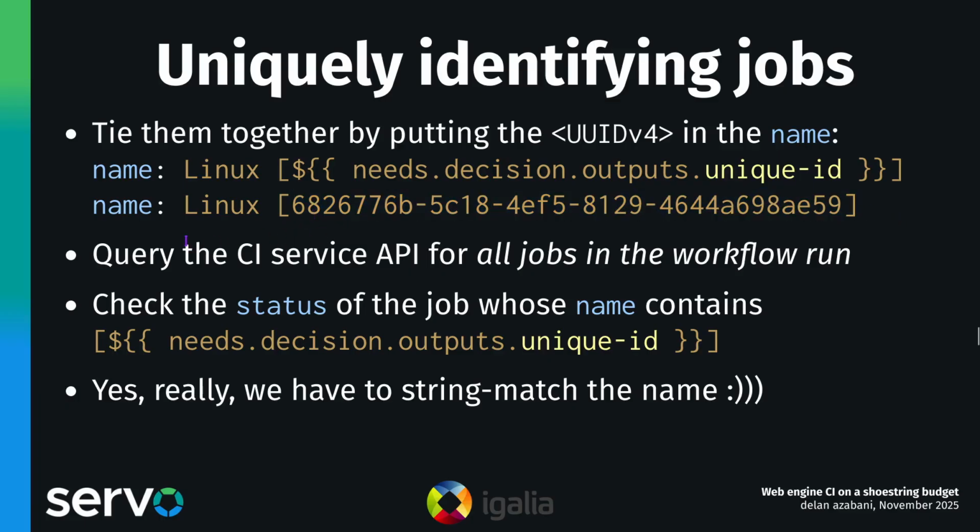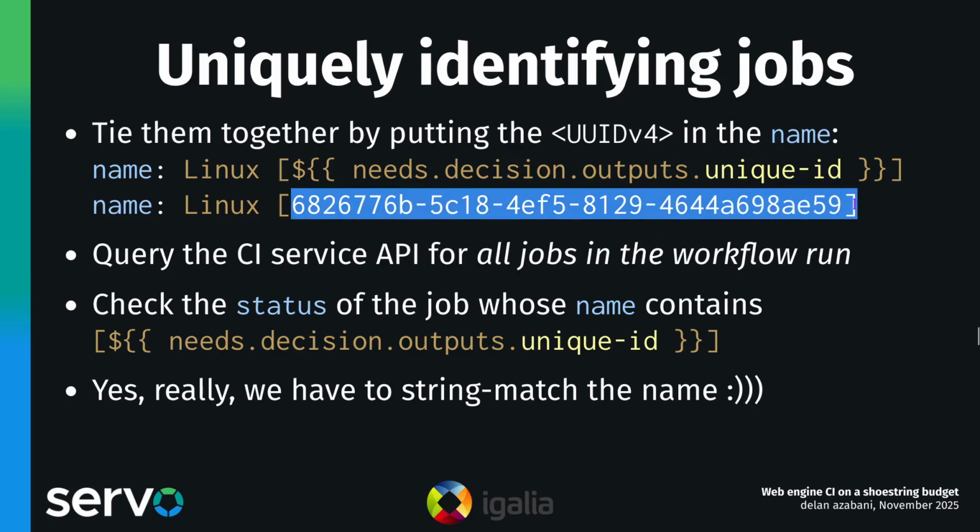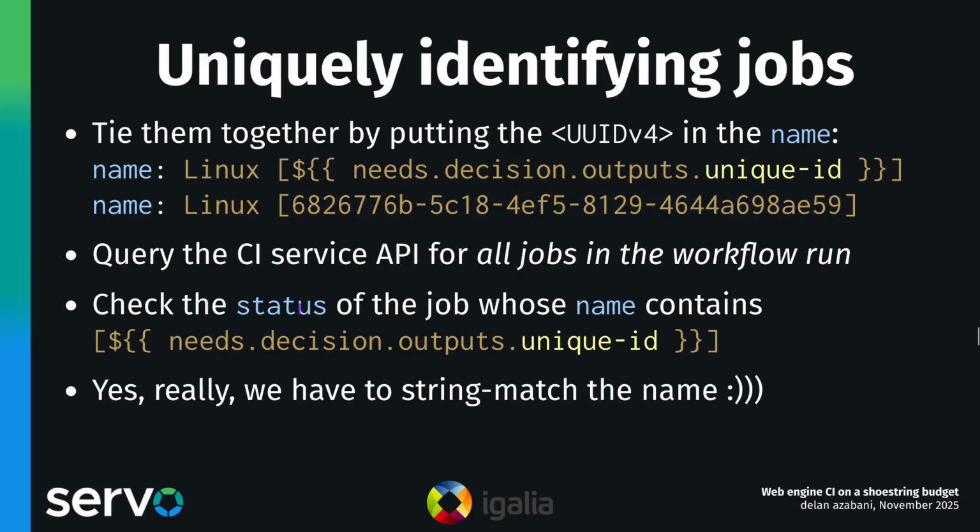And to query the CI service to find out if that job is still queued, we need to query it for the whole workflow run and look at all of the jobs and then find the job whose name contains that unique ID. Then we can check the status and see if it's still queued. This is really, really silly. Yes, we really do have to string match the name, which is bananas, but this is GitHub Actions. So this is what we have to do.